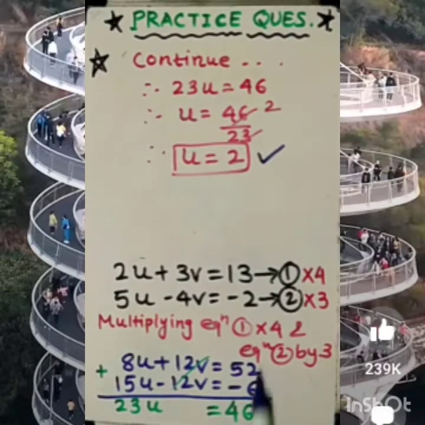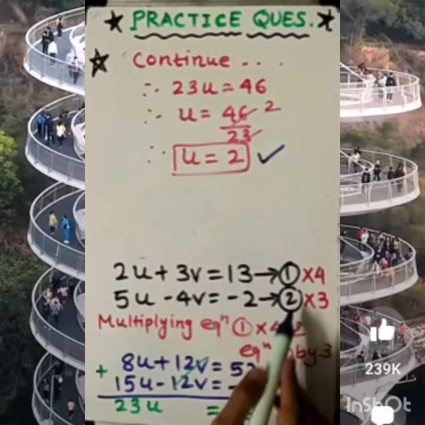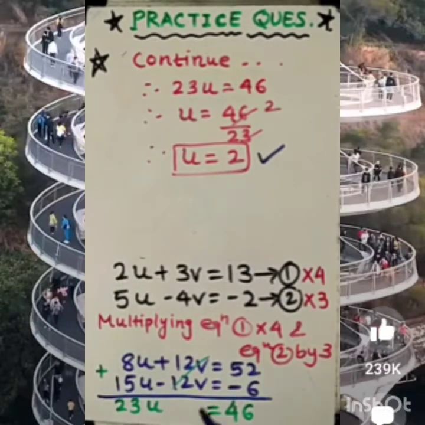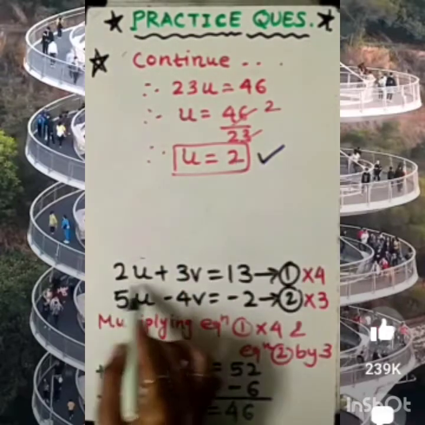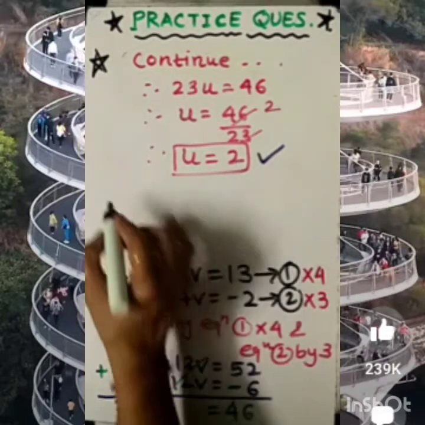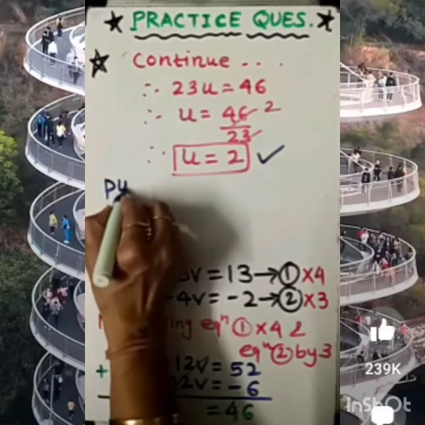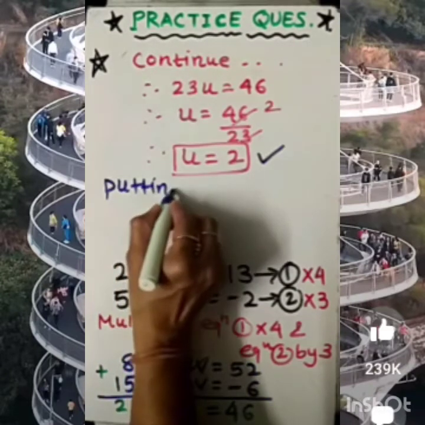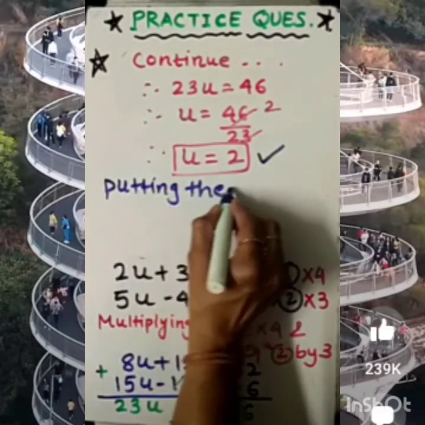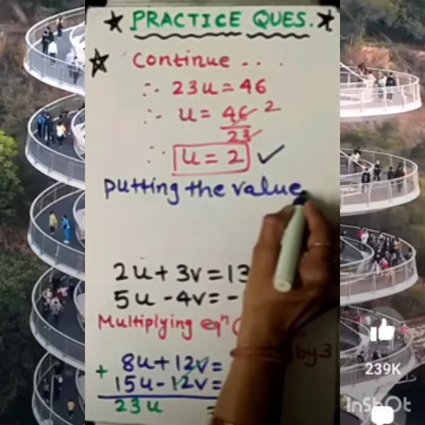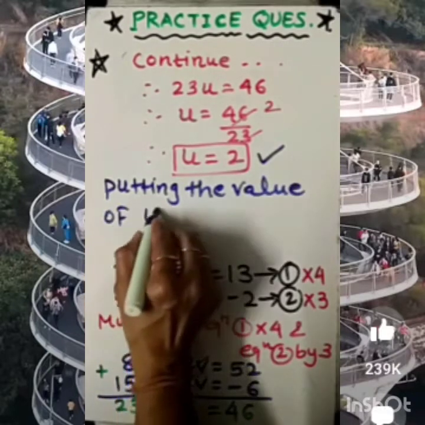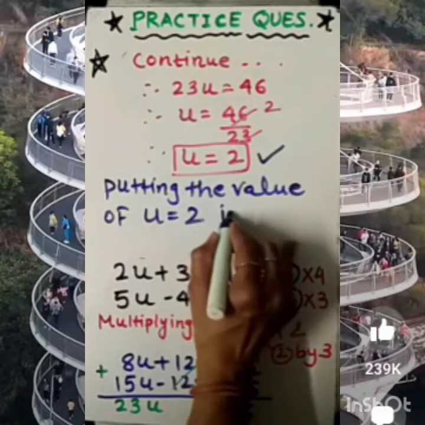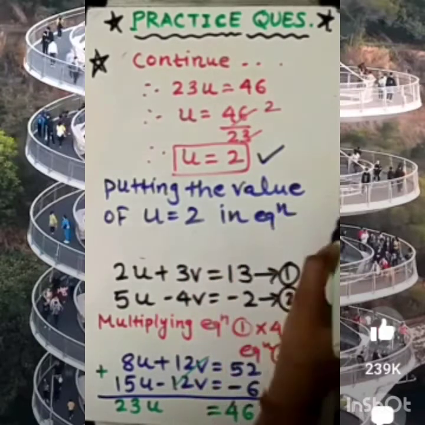Now we have these two equations, 1 and 2. For this, we put the value of u in any one of the equations. So I need to mention here: putting the value of u equal to 2 in equation number 1.